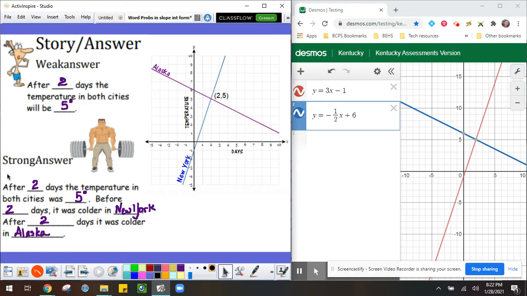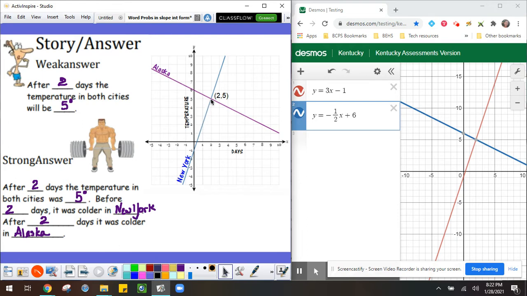You could get a little bit stronger, like this fella here. After 2 days, the temperature in both cities was 5 degrees. Before 2 days, it was colder in New York. After 2 days, it was colder in Alaska. So here's New York, started out at -1. I know the line goes past that because the graph maker doesn't know where we started. -1, and it's going up steadily.